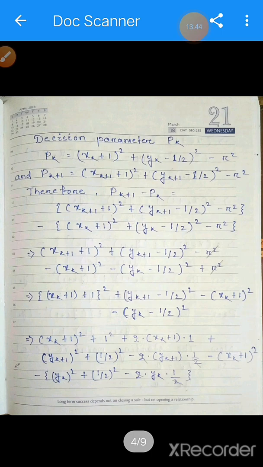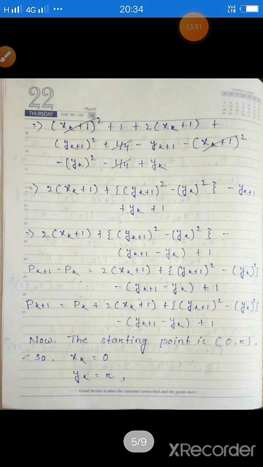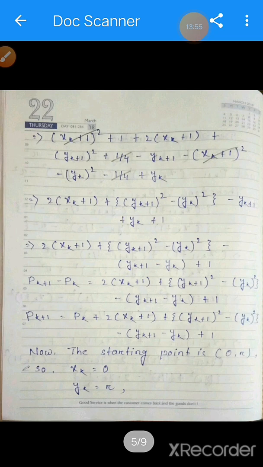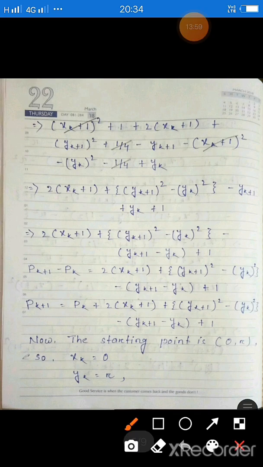These two cancel. So here only (yk plus 1) minus (xk plus 1) whole square. Then minus yk whole square minus 1 by 4 plus yk. So here also (xk plus 1) minus (xk plus 1) whole square cancels, and plus 1 by 4 minus 1 by 4 also cancels.